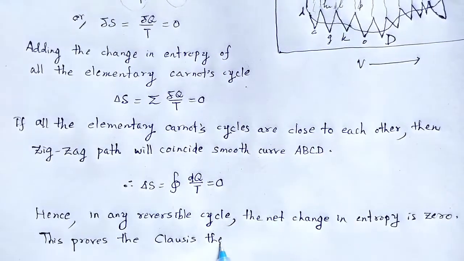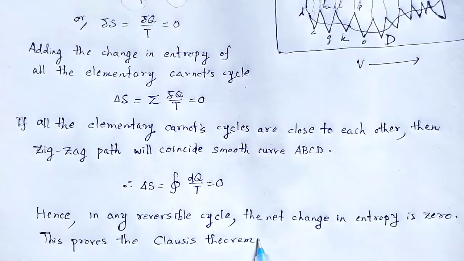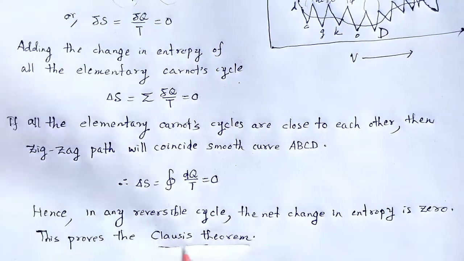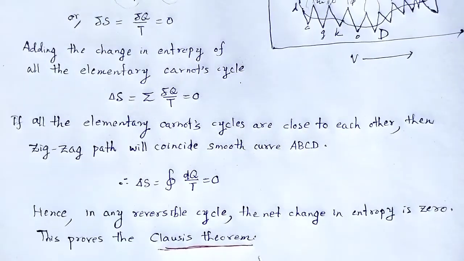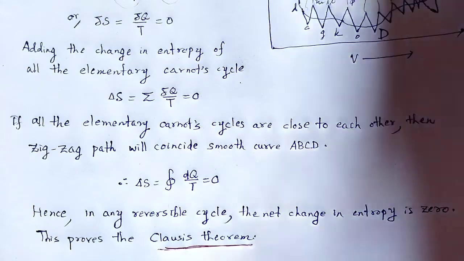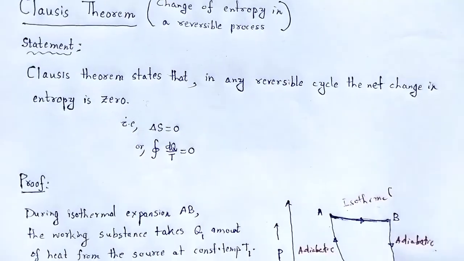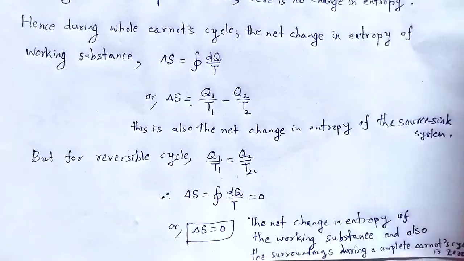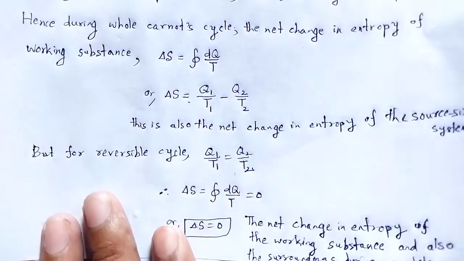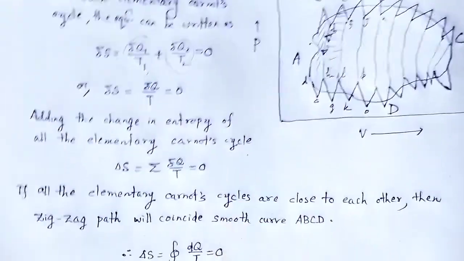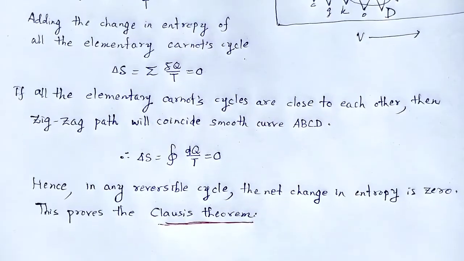The Clausius theorem is now proved, meaning the change in entropy in any reversible cycle is 0. This is the Clausius theorem, that is the statement, and we prove it. The change in entropy will be 0. We take this in a generalized way and finally prove it.